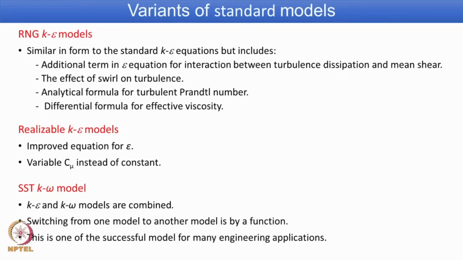I repeat, it is possible to switch from one equation to another within the flow based on some flow regime condition, by having one transport equation combining both epsilon and omega, and that is the approach in the SST K omega model. As listed here, K epsilon and K omega models are combined, and switching from one model to another is by a function, and this model happens to be very successful for many engineering applications.